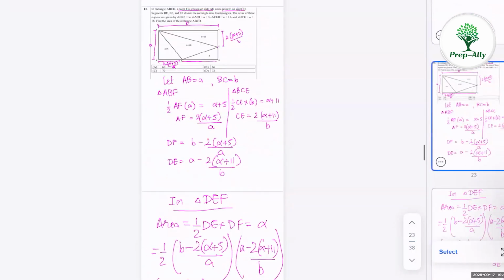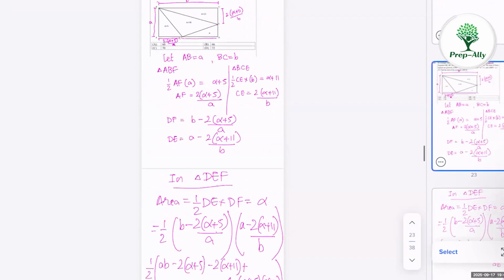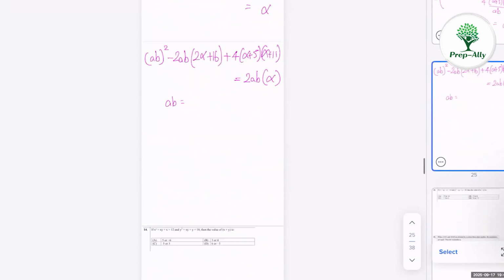And we know that AB is nothing but the area of this rectangle, which means AB is equal to the sum of all areas of these triangles, which is alpha plus 5 plus alpha plus 11 plus alpha plus 18, which is equal to 4 alpha plus 34.